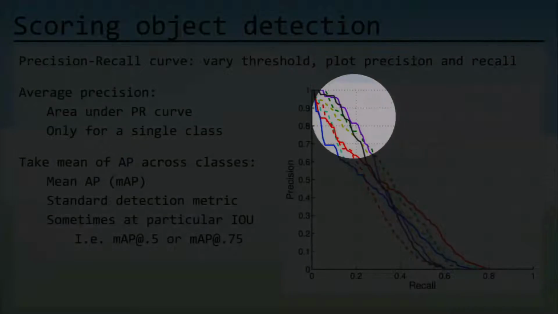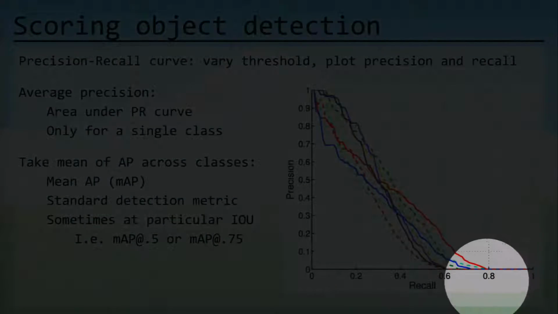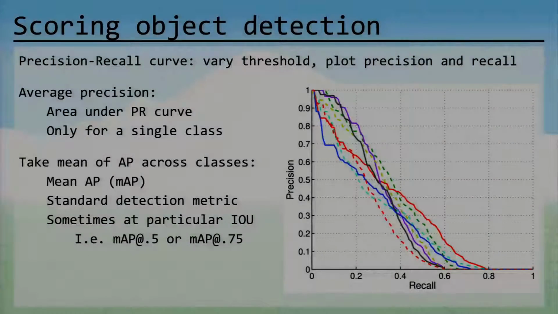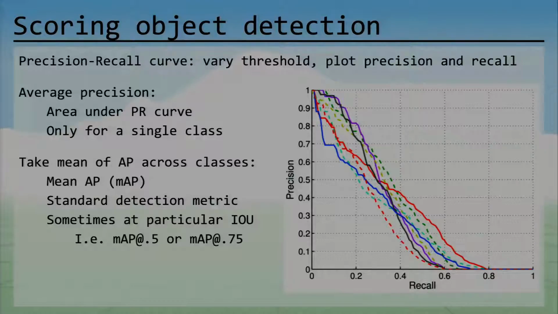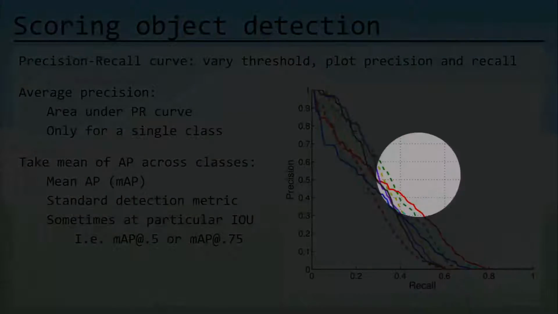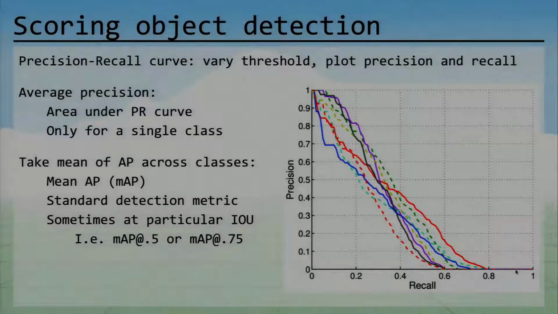And our precision is going to start going down, but our recall is going to go up over time. And at some point, we'll get to the point where we're predicting so many objects, and there are only some number in the data set as a whole. Our precision falls off precipitously, and our recall will saturate at some amount too.